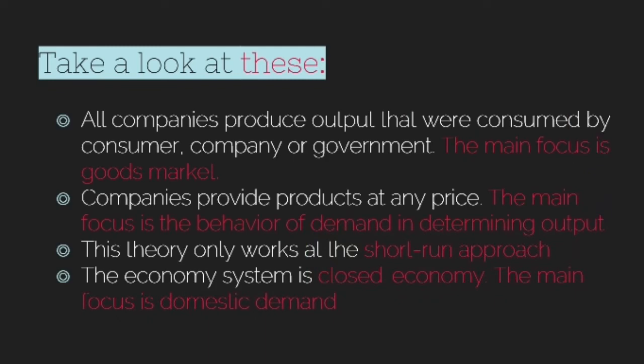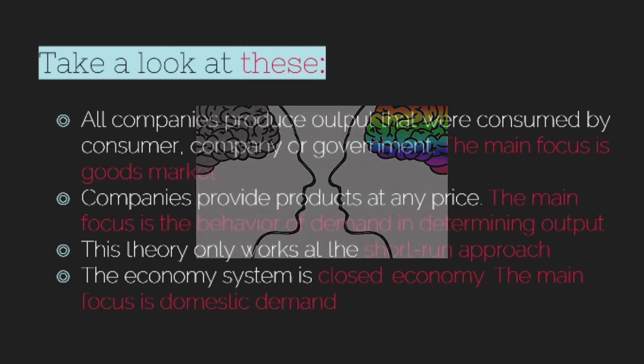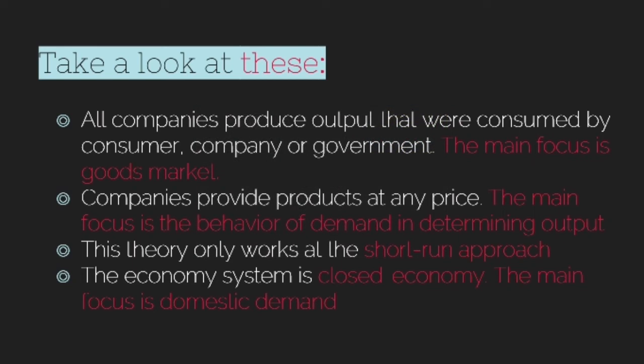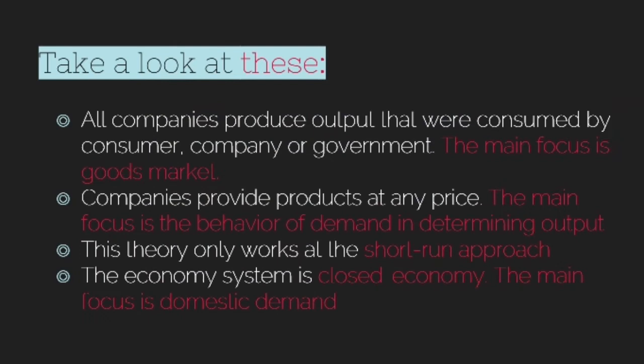Companies provide products at any price. The main focus here is the behavior of demand in determining output. This theory only works at the short-run approach. The economy system is closed economy, which means there is no export-import activity in here. And the main focus here is domestic demand.